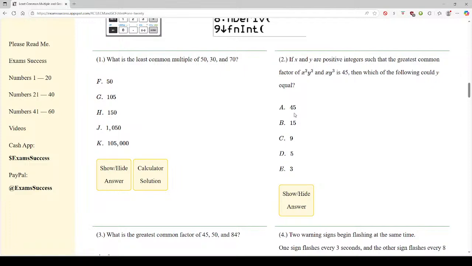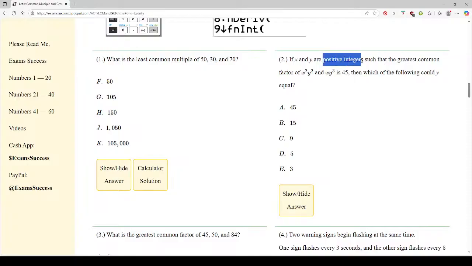Now remember, we still have to multiply by x. Can y be 5? If y is 5, then 5 squared is 25, and x is a positive integer.